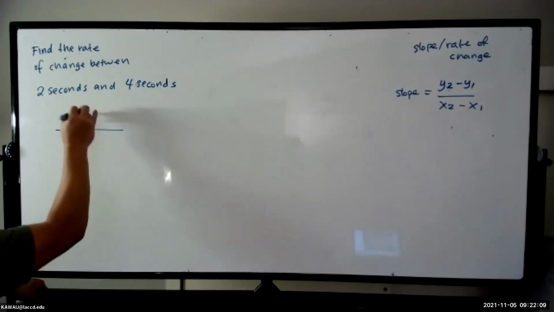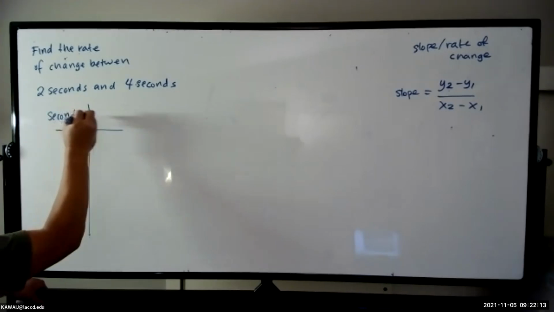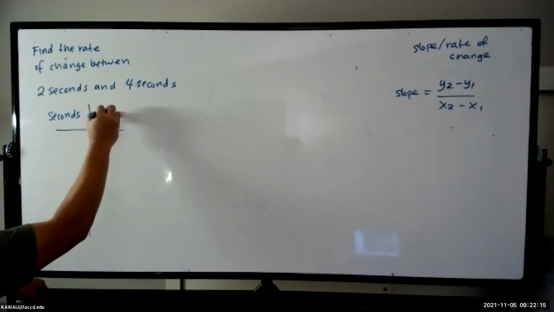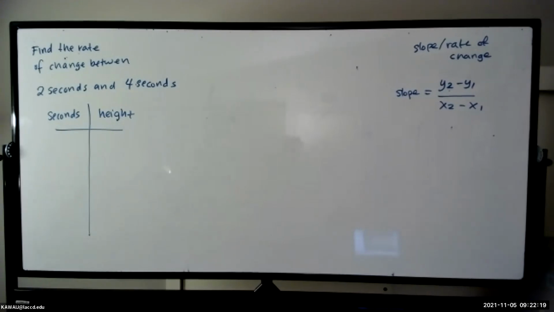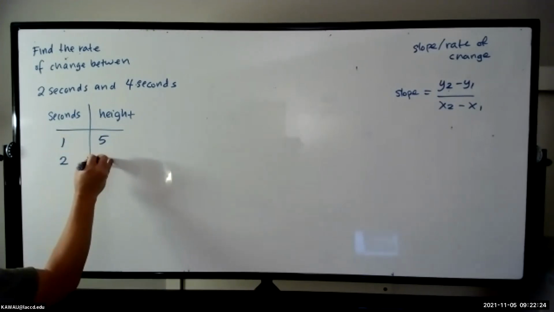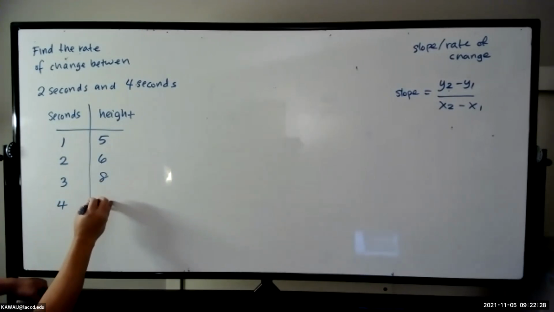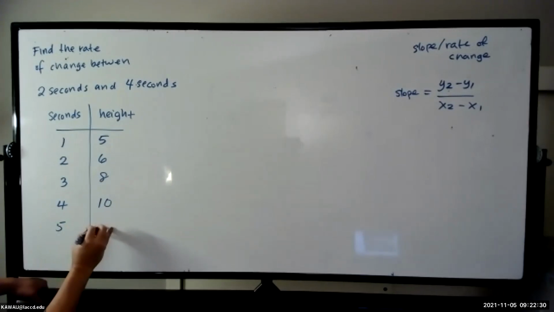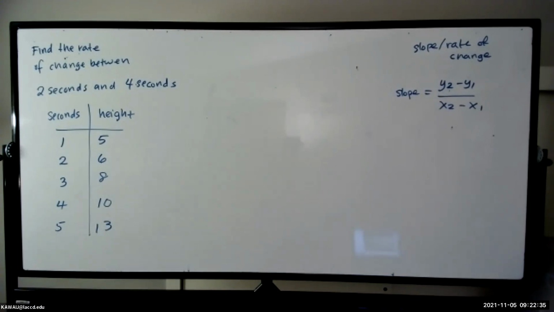And then they just gave you some table that said seconds, and then the height that you jumped or the height that you were at. At 1, you were at 5, at 2, you're at 6, at 3, you're at 8, at 4, you're at 10, and at 5, you're at, I don't know, 13. Then we'll give you a chance to copy.